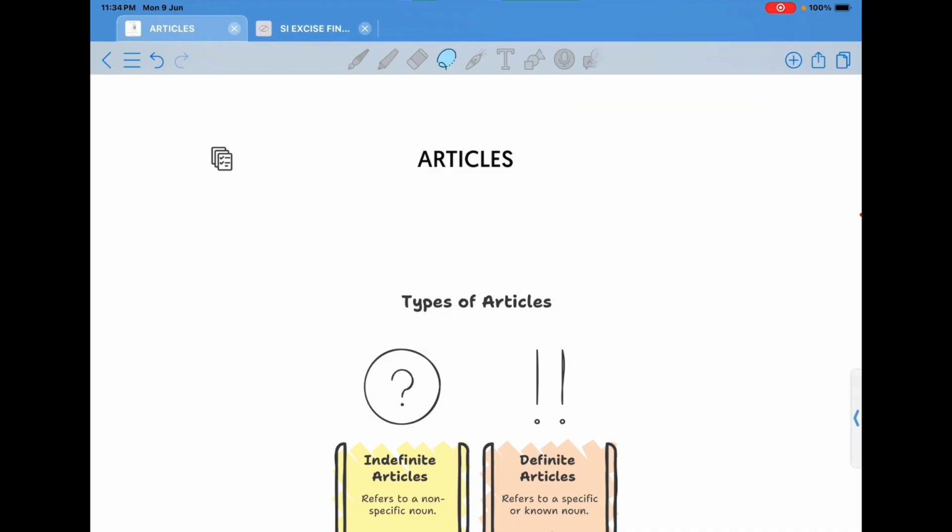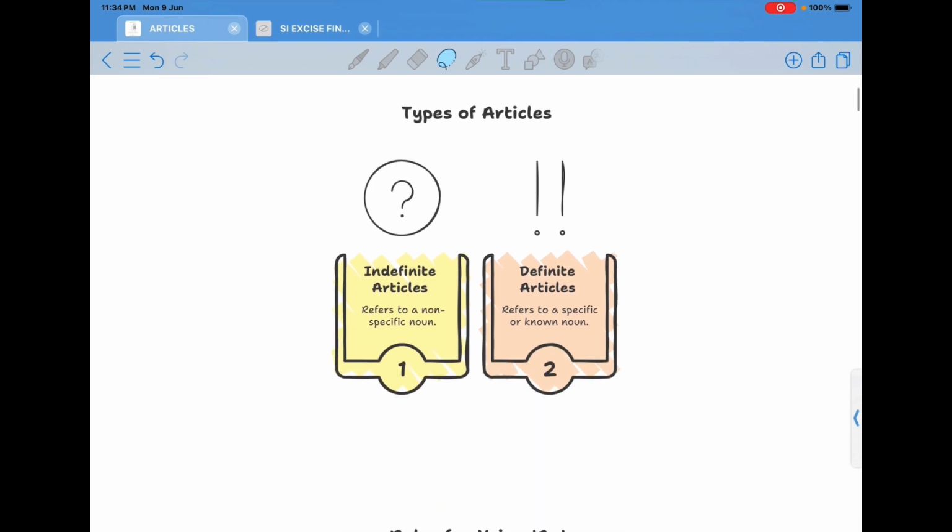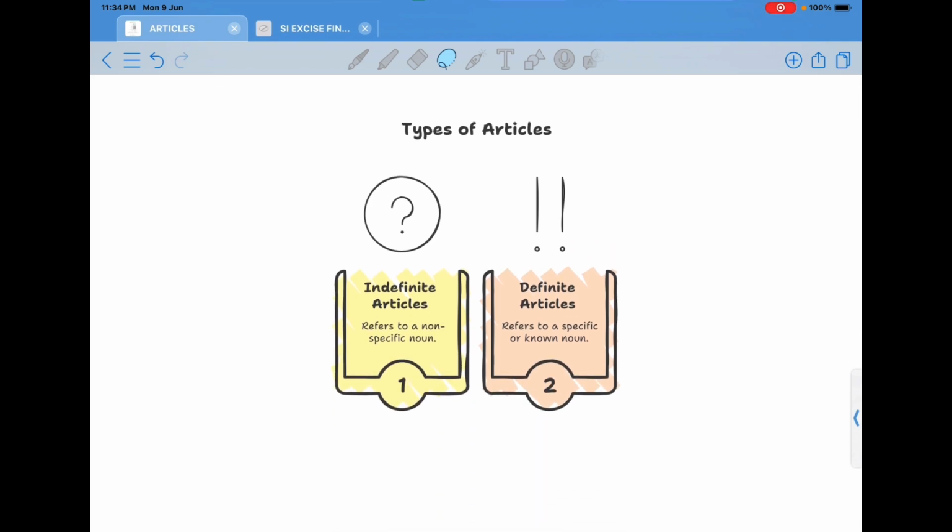See, articles are of two types, right? What are those two types of article? One is indefinite, one is definite, right? By the name itself you can tell that indefinite are those which are non-specific.